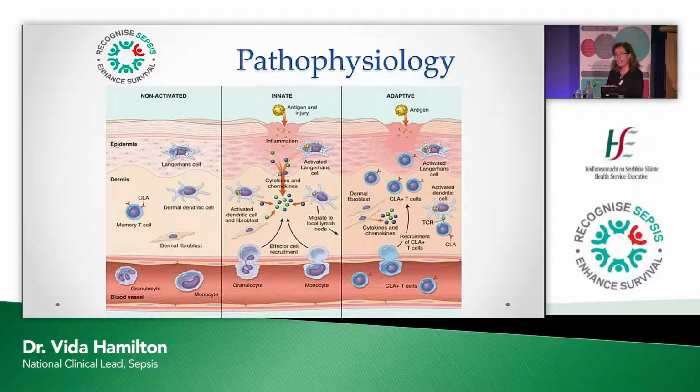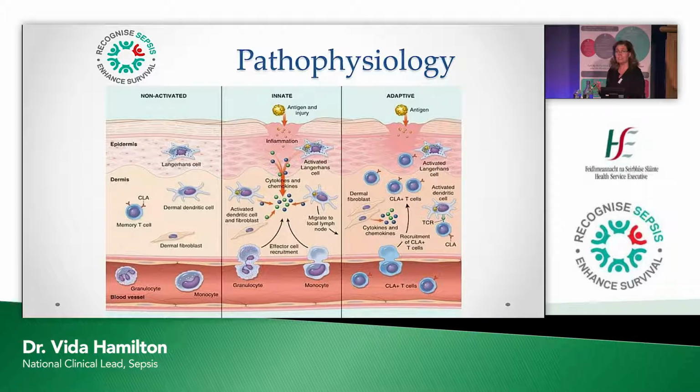Some of those cells get activated and travel to the local lymphoid tissue where they stimulate T cell and B cell differentiation, so you get activation of the adaptive immune system. So all of these things are adaptive, and we see them locally as swelling, redness, and heat.